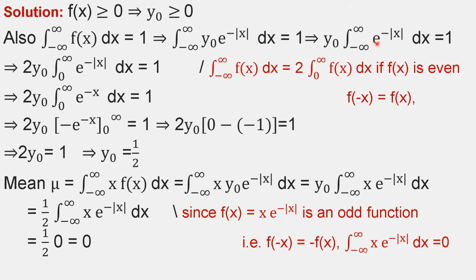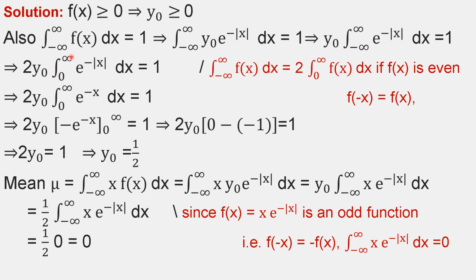So since this integrand is an even function, integral from minus infinity to plus infinity f of x dx can be written as 2 times integral from 0 to the upper limit infinity, f of x dx. So that is what we have done, 2 times. So the left side becomes 2y naught integral 0 to infinity e power minus mod x dx equal to 1.